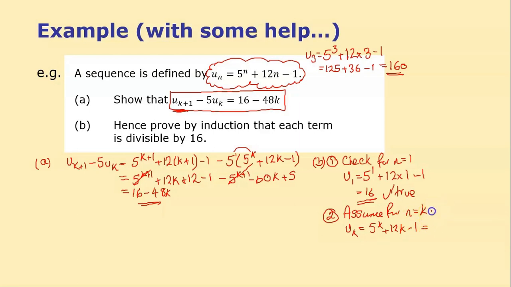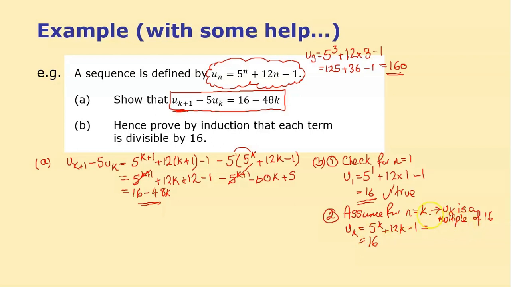16. So if you like, I could have written u_k is a multiple of 16. Now, I think it's much more useful to write this here instead of writing u_k equals this, which it is. I want to write it as equals 16 times something.